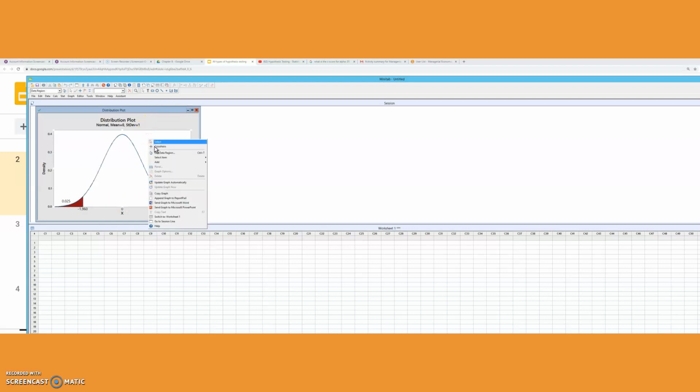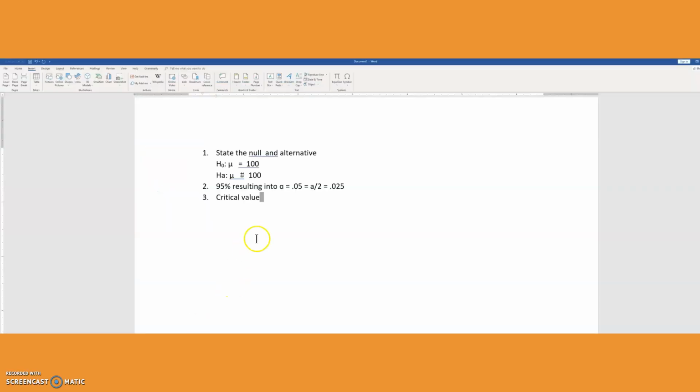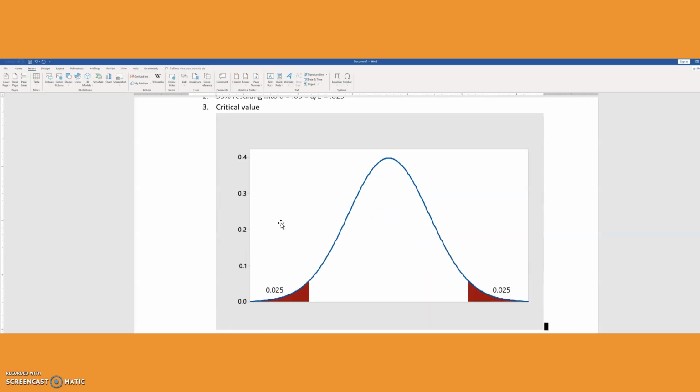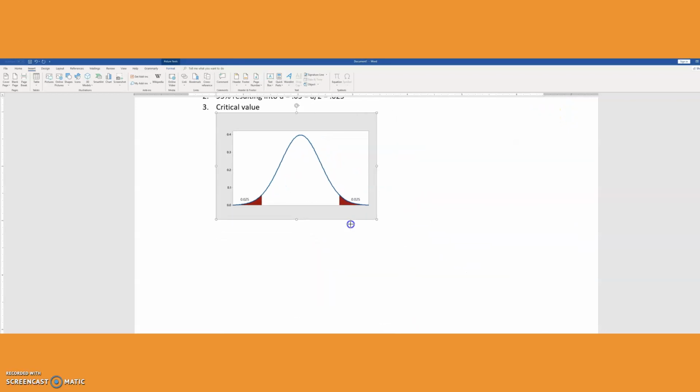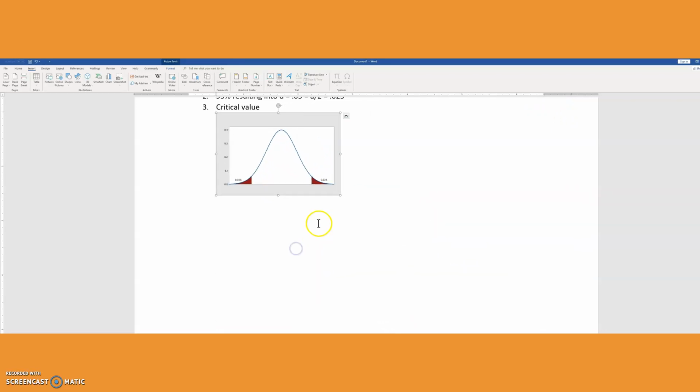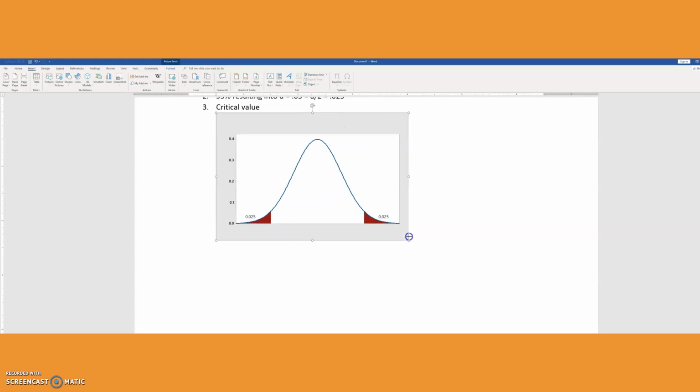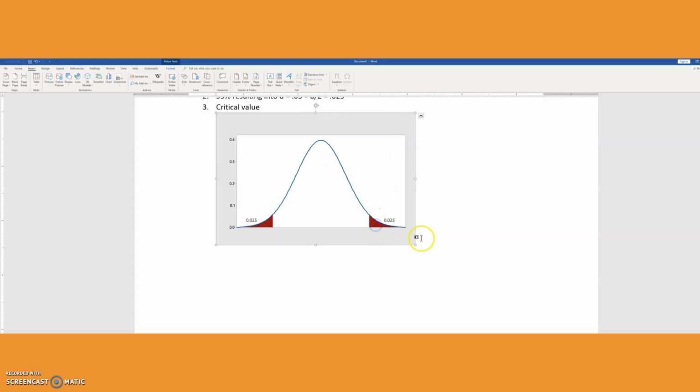I'm going to go ahead and copy this, copy the whole thing. Okay, copy the graph, go to Microsoft Word and paste it here. See? So that will remind me. Just go ahead and squeeze it. No big deal. And this is my critical region.